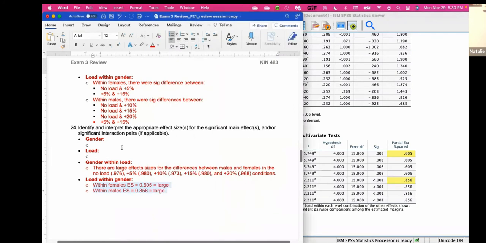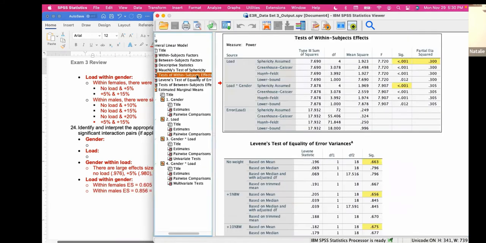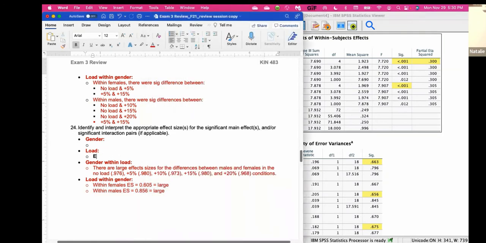Okay, so I think the last thing in this example that we have is to report the effect sizes for gender and load. And those are both going to be in our ANOVA tables, respectively. So my effect size for load is 0.3. Whoops, 0.3.